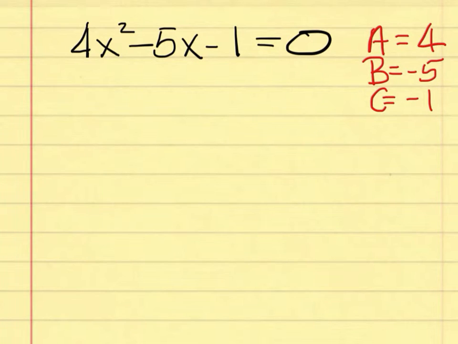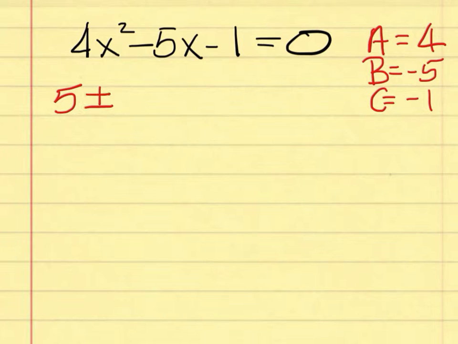A is 4, B is negative 5, C is 1. All right, what's the first thing I write in the quadratic formula with the numbers going in? Ruart. 5? Yeah, it will be 5. And why is it a positive 5? That goes to Johnson. Why is it positive? Yeah, it's a double negative. It would be negative, negative 5, so we just have 5.